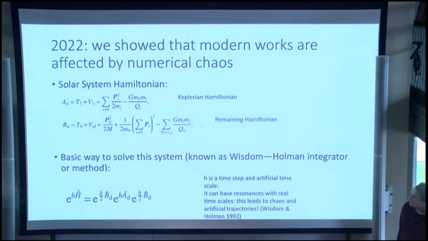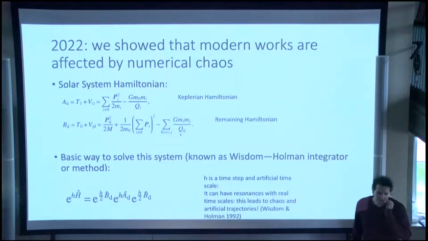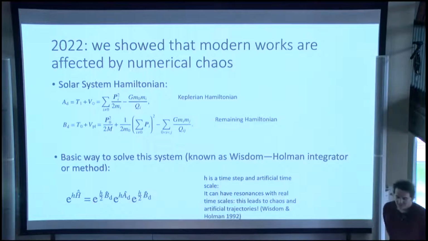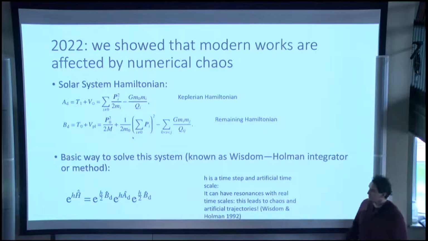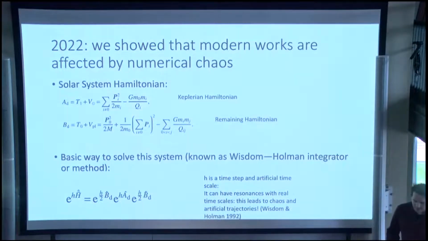Then there's the remaining Hamiltonian, including the interactions between the planets. The basic way to solve this, pioneered by Wisdom and Holman, is to form operators out of these two functions, just like we do in quantum mechanics, and produce time evolution operators, as shown down here.